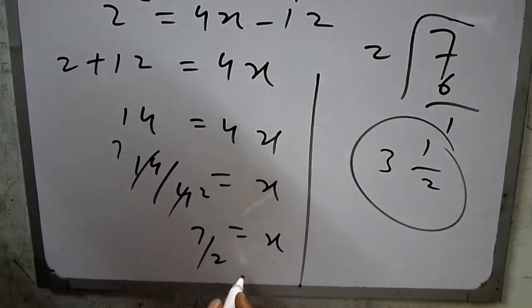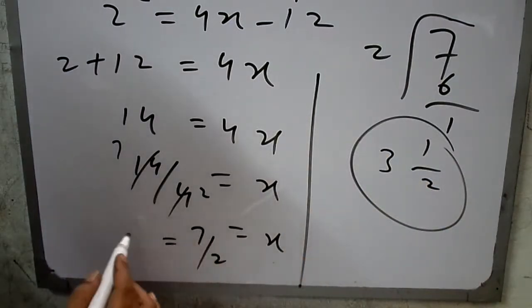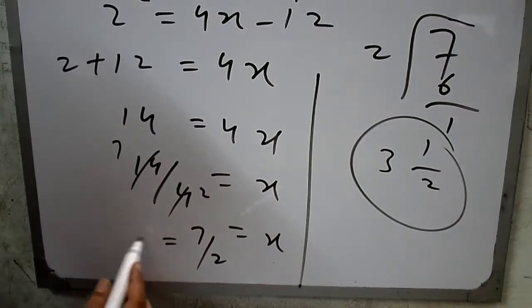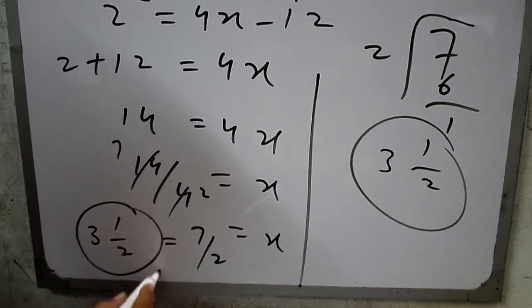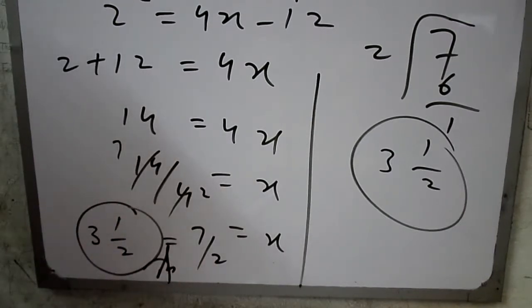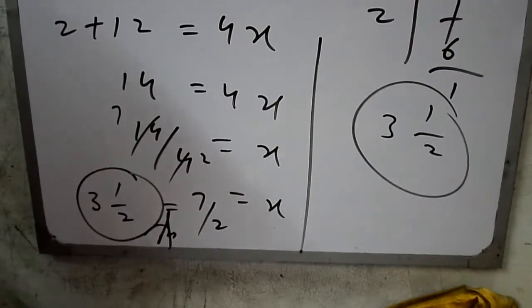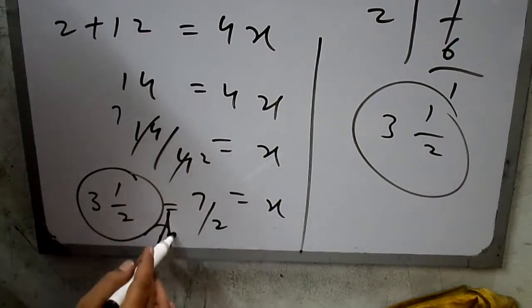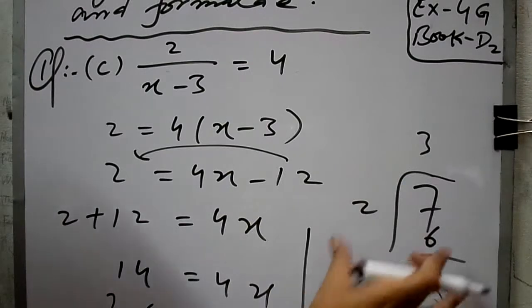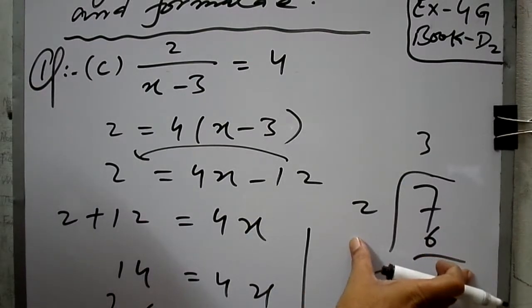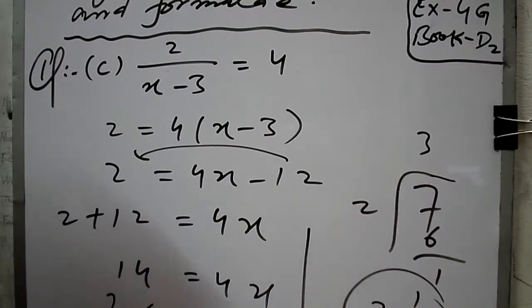So it means you can say the value of x is equal to 3 whole 1 by 2. So that is your result. That is your answer. And in division, you can see here we have divided here. So that's why 7 divided by 2, you will get 3 whole 1 by 2. So that is your result.